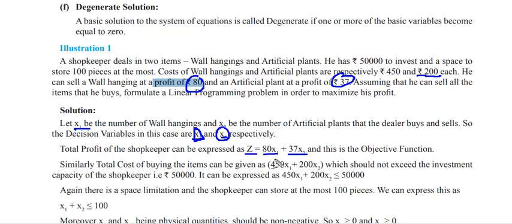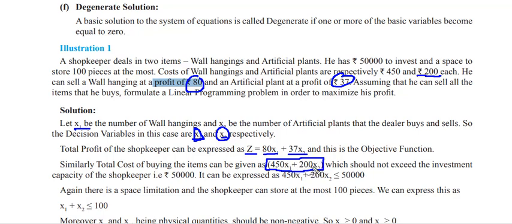So this is the total expenditure if the shopkeeper buys these two items in this quantity. 450x1 means x1 number of wall hangings purchased, plus 200x2 of artificial plants purchased.